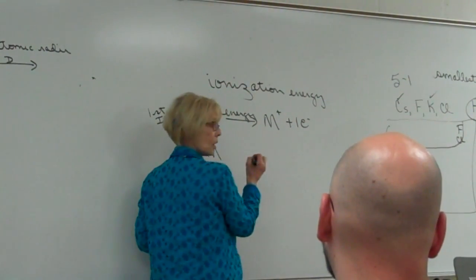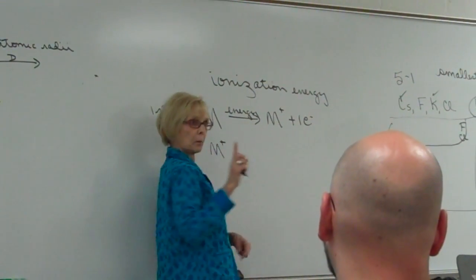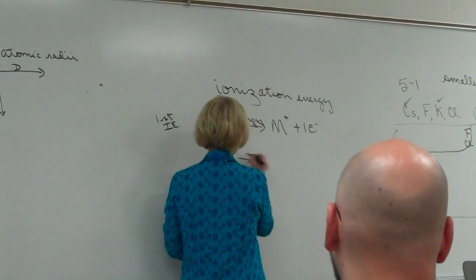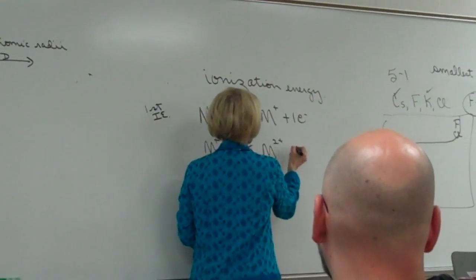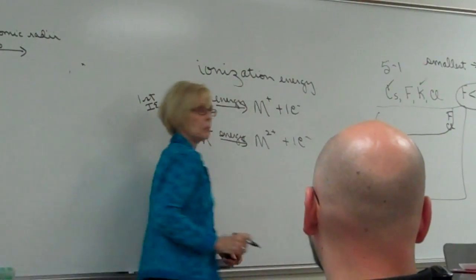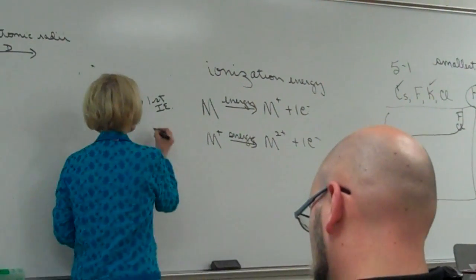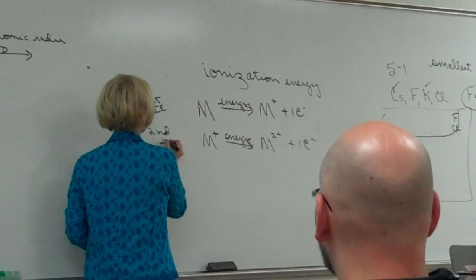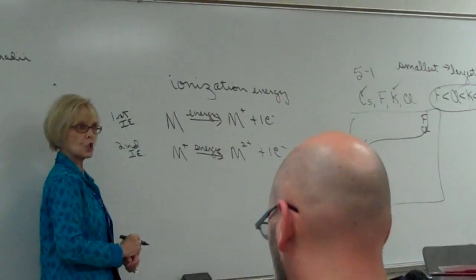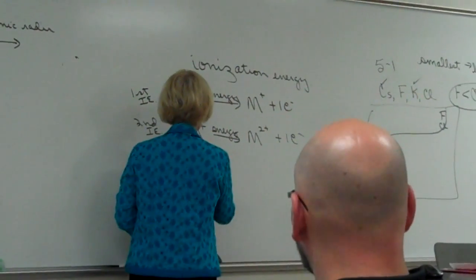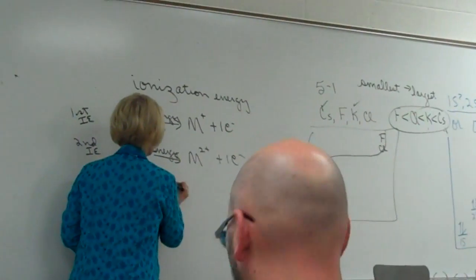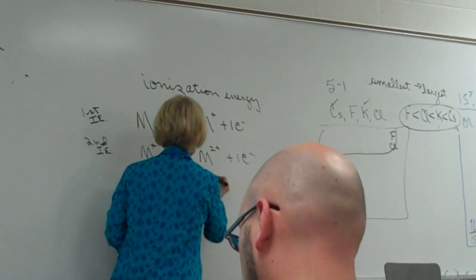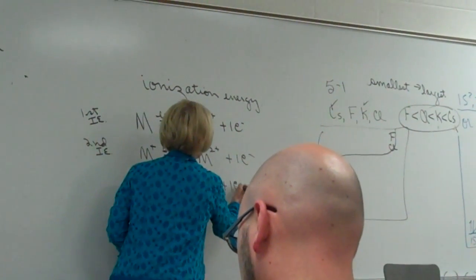So I can take that +1 cation, put in some more energy and make the +2. And this is referred to as the second ionization energy. And then one more time, I can take that +2 cation, put in some more energy, and rip off a third.